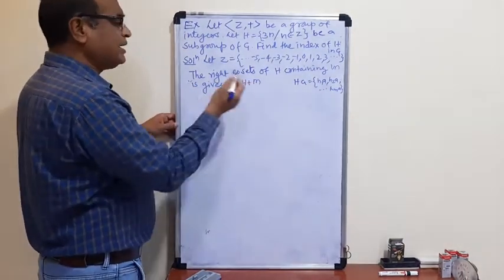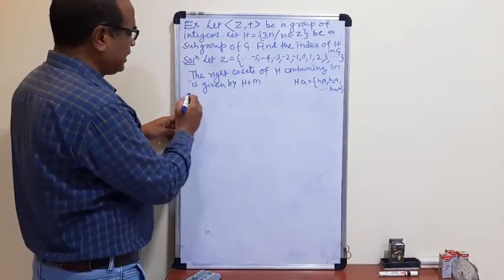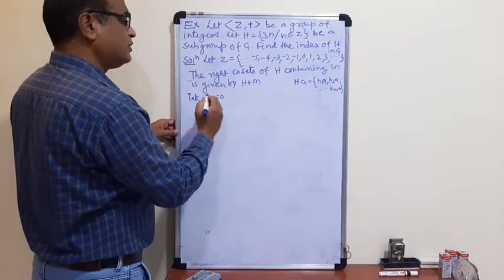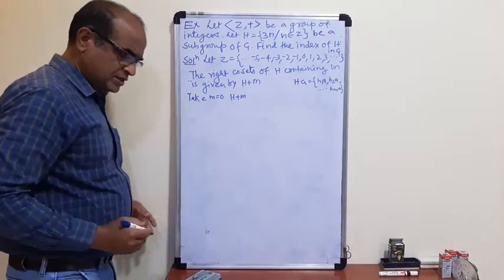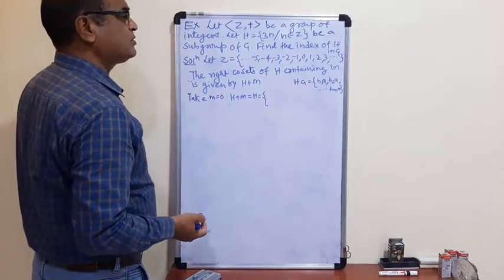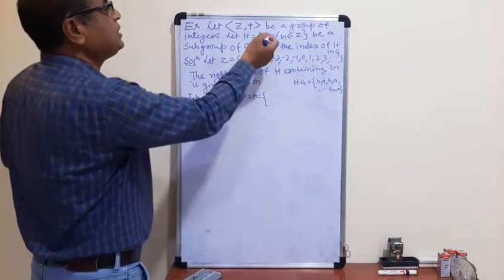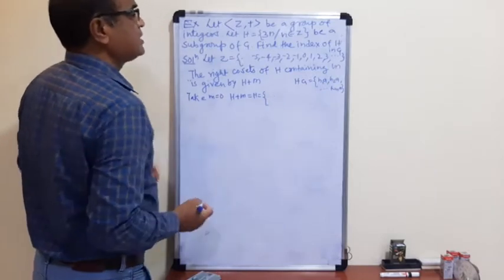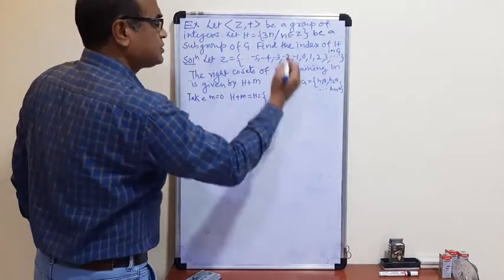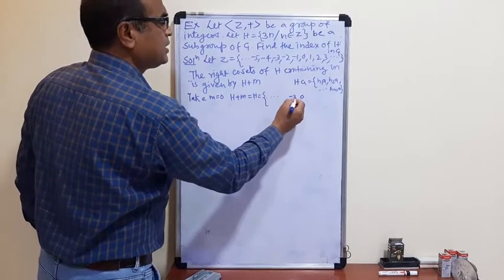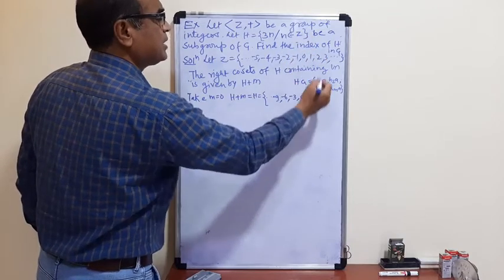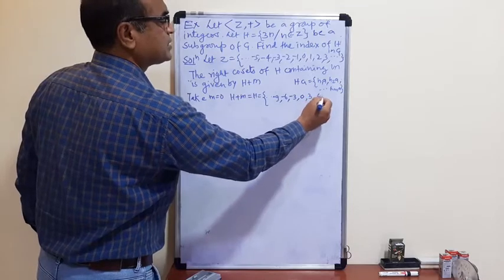Let us take M equal to 0. Then H plus M is nothing but H. H is 3n, so multiplying 3 by each element of Z: that is 0, -3, -6, -9, and so on, then 3, 6, 9, and so on.